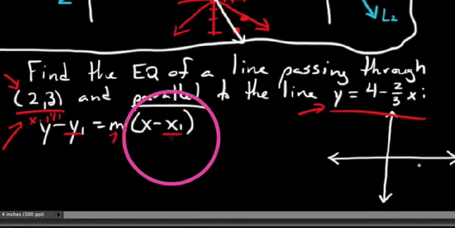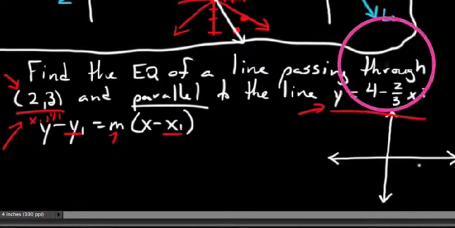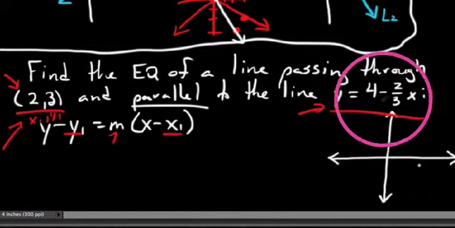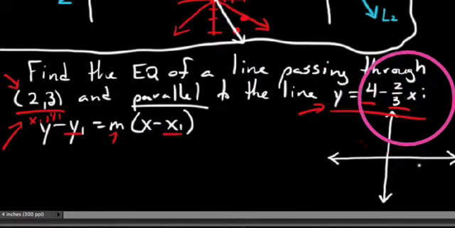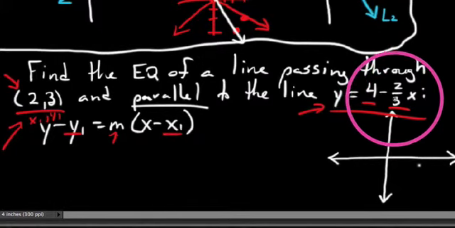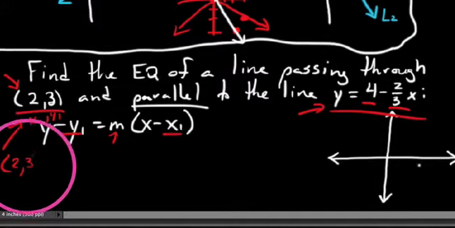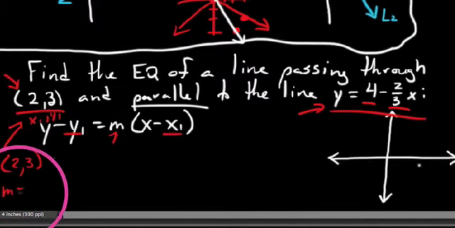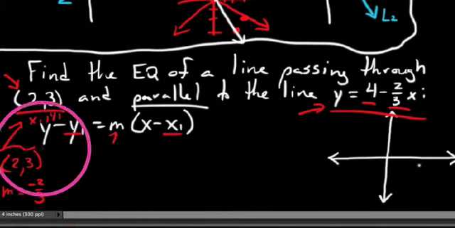But as far as slope goes, if it's going to be parallel to this line over here, we'll just adopt the same slope. So of course the question is, which one's the slope, the 4 or the negative 2/3? That is a negative, by the way. And it would be the negative 2/3 because that's our coefficient of x in this linear equation. So I'm going to go ahead and explicitly write these. We say we got the point 2, 3, and we want a slope that is the same as the given slope of the other line that we wanted it to be parallel to.